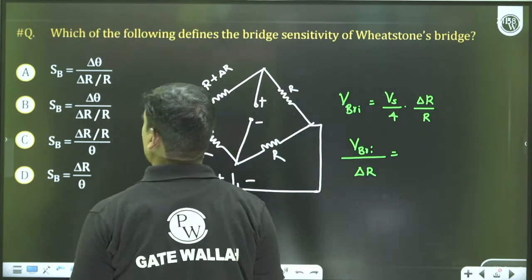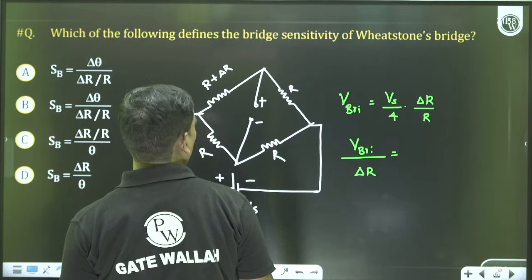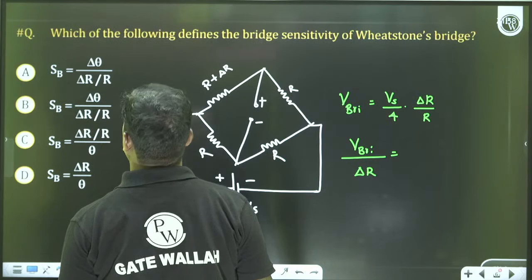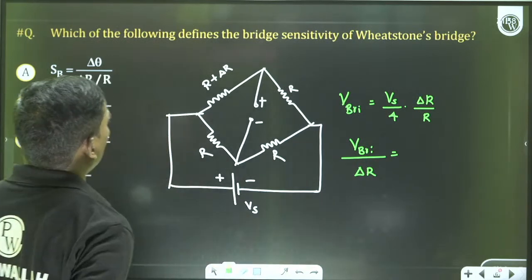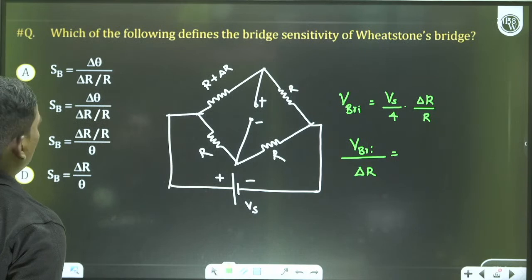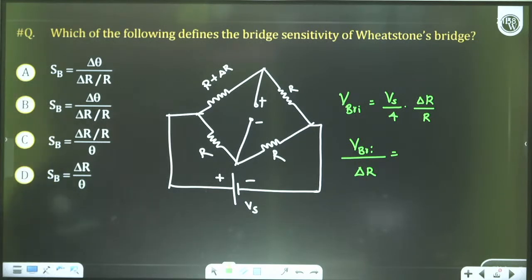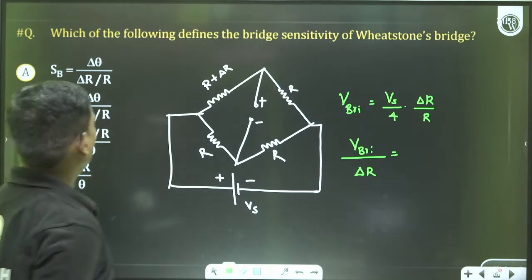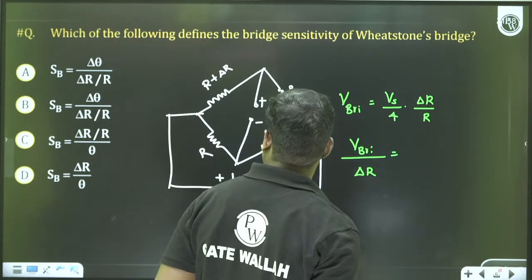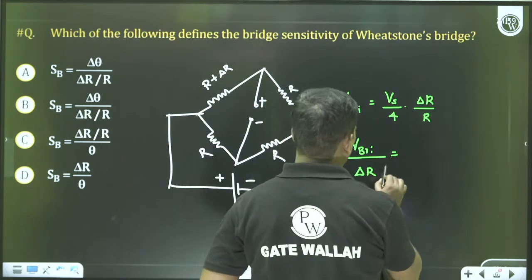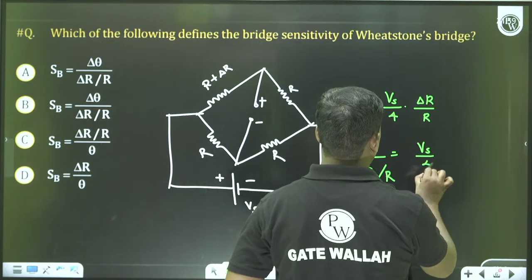Which of the following defines the bridge sensitivity of a Wheatstone bridge? V bridge by change in deflection comes because of delta R by R, then this will become Vs by 4.